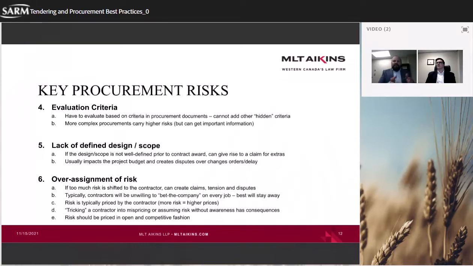We can develop evaluation criteria that is not going to be in their favor, so that we're not faced with a low bidder that is someone we absolutely don't want to work with. So our evaluation criteria can be used to prevent those situations. The next one is a lack of defined scope.